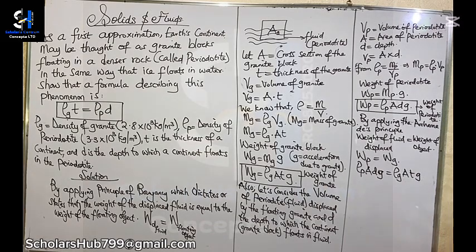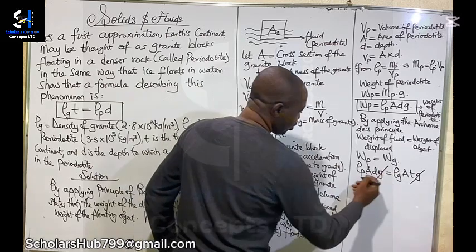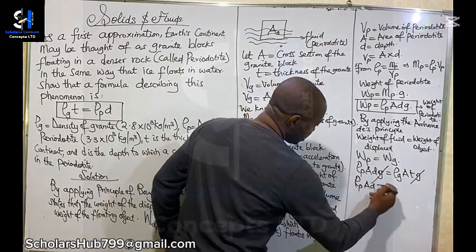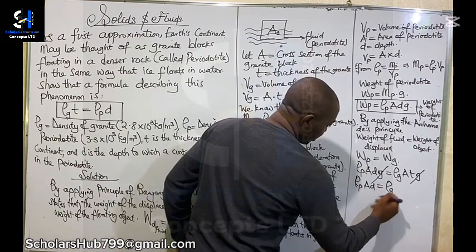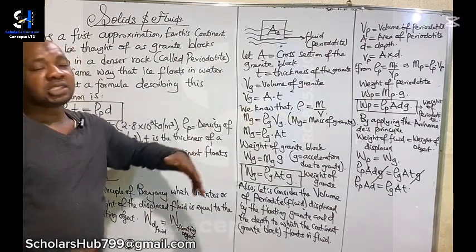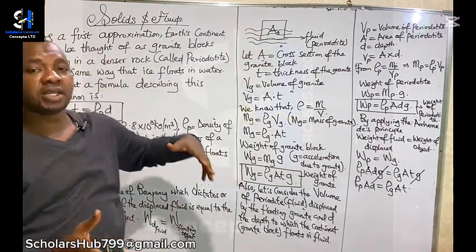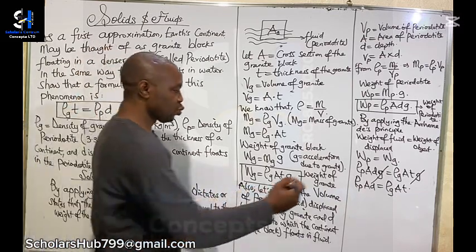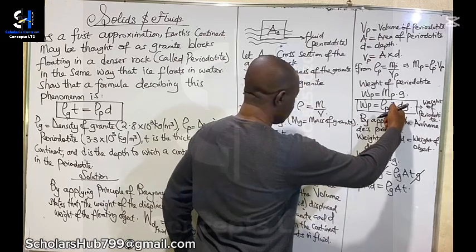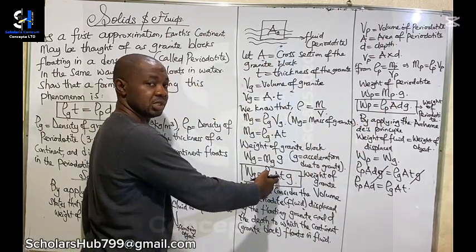Now we're almost there. By dividing both sides by g, this equation reduces to density of peridotite times area times the depth equals density of granite multiplied by area times thickness. The area of the floating object will be equal to the area of the fluid, so I didn't bother to put subscripts on A or g.